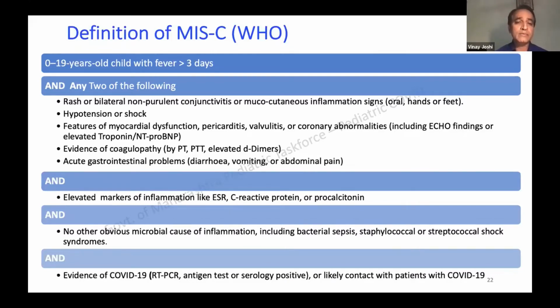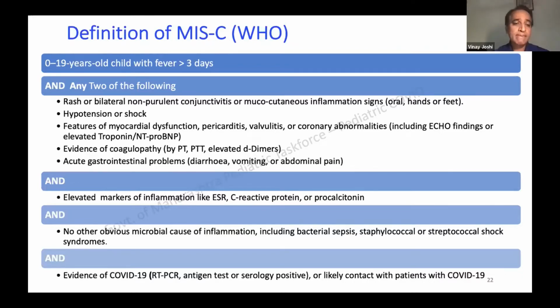Acute GI problems like vomiting, diarrhea, abdominal pain, as this child has all these things. And elevated markers of inflammation, like ferritin, etc. And no other obvious microbial cause of inflammation, including bacterial sepsis, staph or streptococcal toxic shock syndrome.